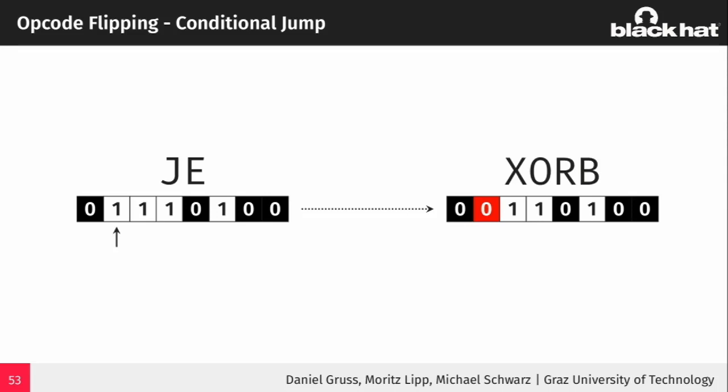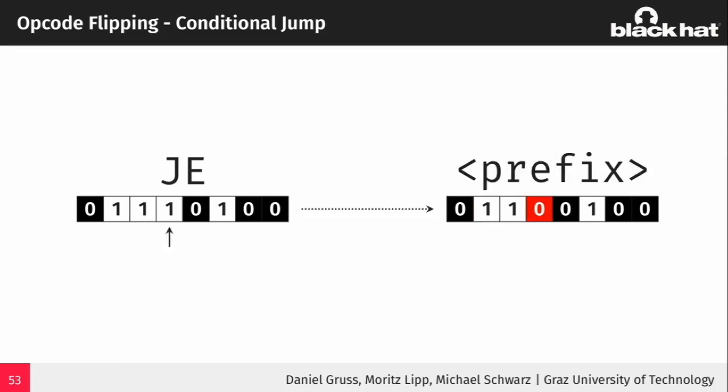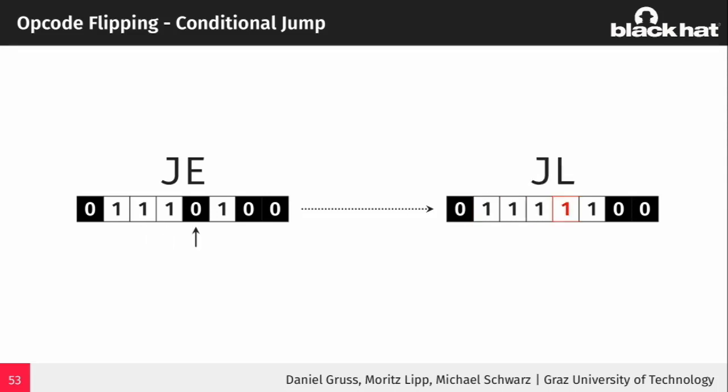But there are more instructions. I can get an XOR, a push, some prefix for other instructions, jump lower, jump overflow, jump below or equal, or jump not equal. So we can invert the logic. It's really nice that all the jump instructions are grouped together, so flipping one bit gives you, in many cases, a different jump instruction with a different logic.